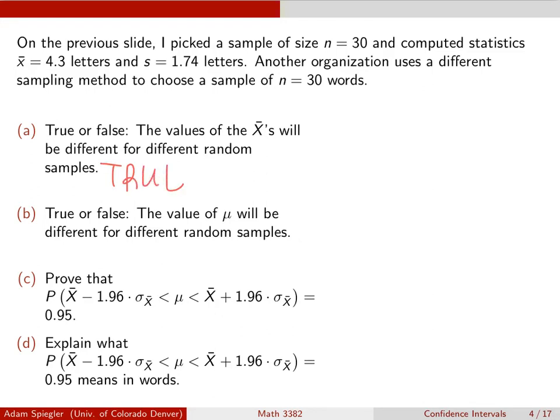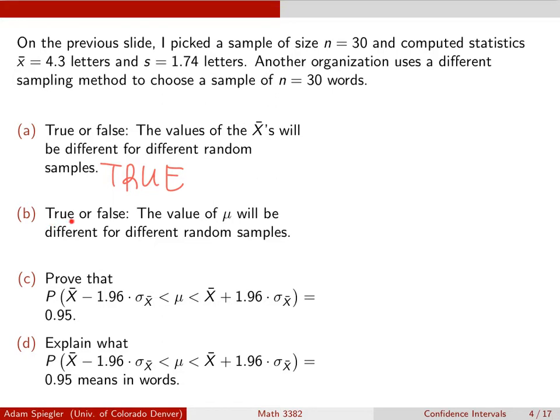It would be unlikely that this second organization would pick the exact same sample of words. So even if they have one word different than my sample, our means are going to be different. These sample means that we're using to estimate the population parameter are going to be different for different samples.